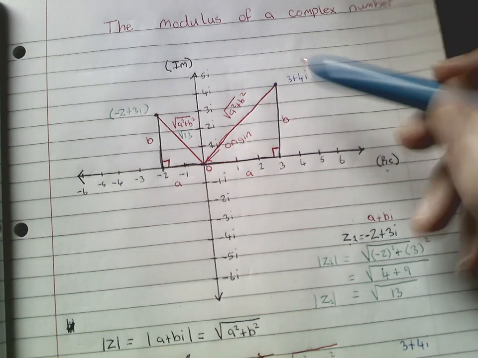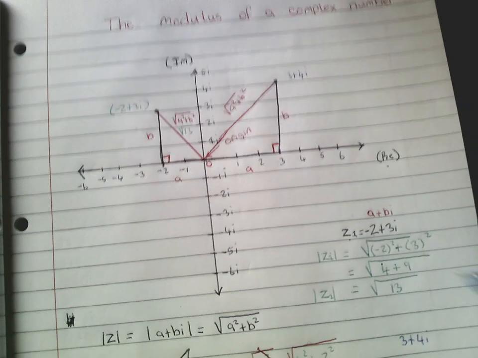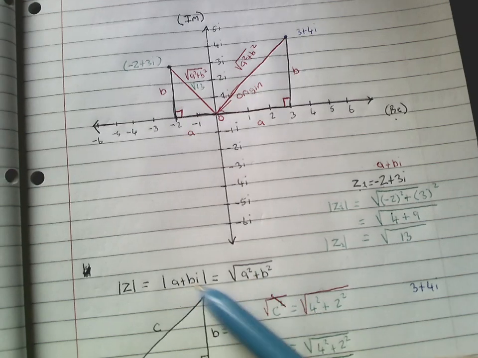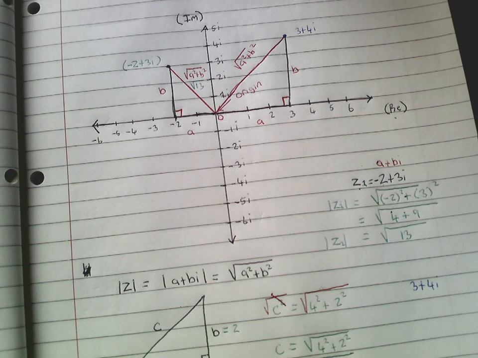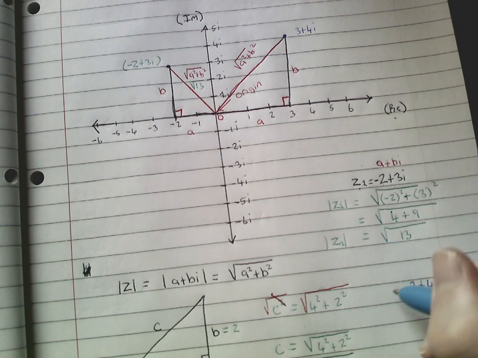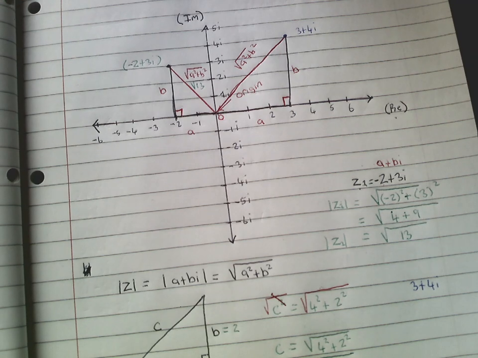So what I've been asked to do is get the modulus of this number here. In order to get the modulus, I use this formula here. This just represents the modulus. So imagine we call this complex number Z2.